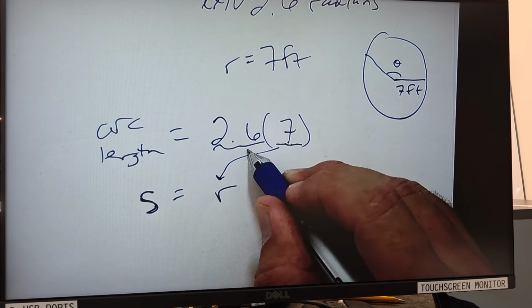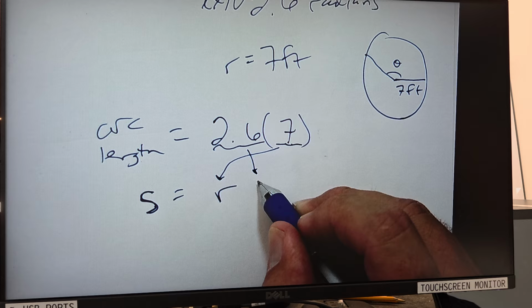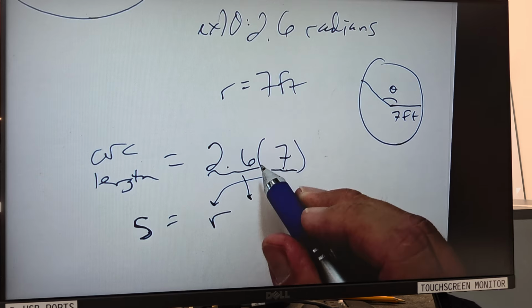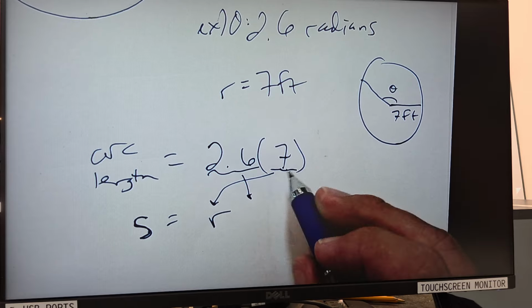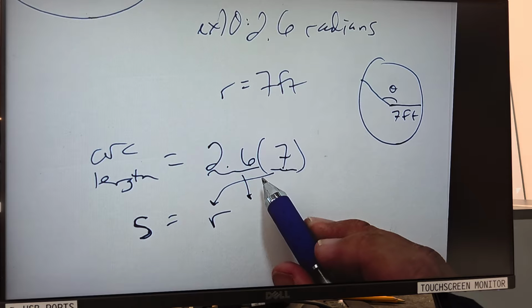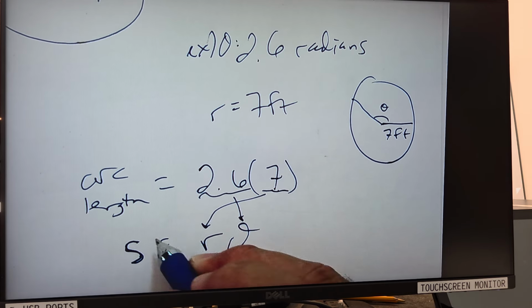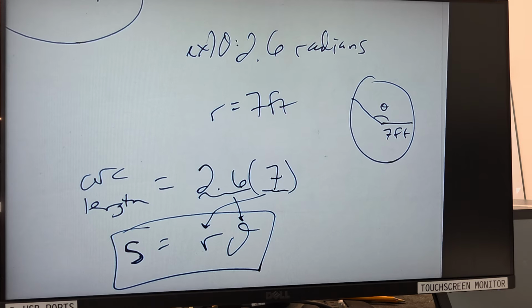And what was this again? Radian. What did it represent physically? Not the units. What does 2.6 represent? What's the variable for 2.6? Theta. 2.6 was the angle, and the angle's theta. So what is the formula for arc length? S equals r theta.